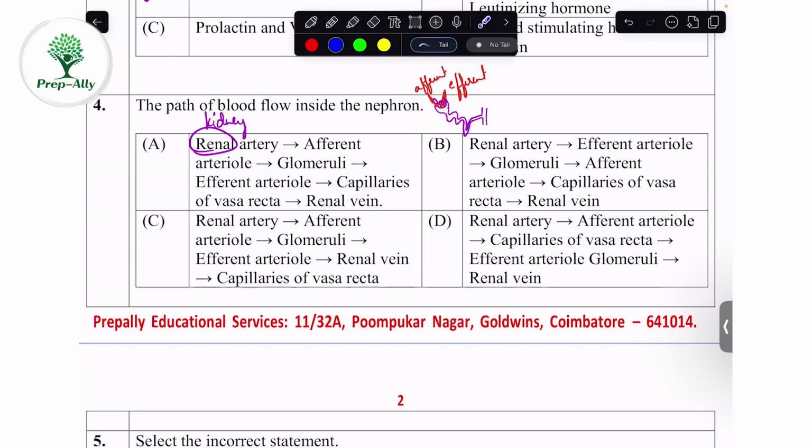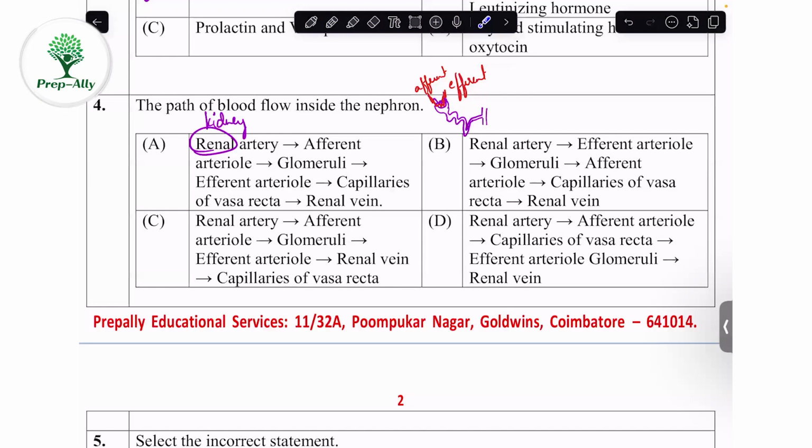That blood will go for oxygenation, taken through the vein to the heart and to the lungs, inside the alveoli. All the process happens again. Then through the artery, it will circulate all over the body. That is the circulation process, right? But here they're asking only the pathway in the kidneys.